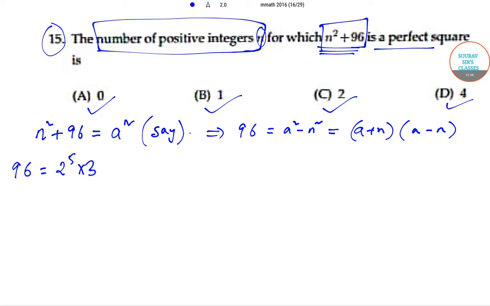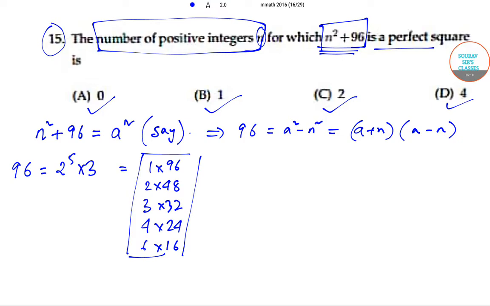So basically if we try to break down 96 into the product of two factors, it will come down to 1 into 96, then 2 into 48, then 3 into 32, then 4 into 24. Is it divisible by 6? Yes, it is divisible by 6 into 16. Then I think there are no more factors. These are the 5 ways in which 96 can be broken down into two factors.